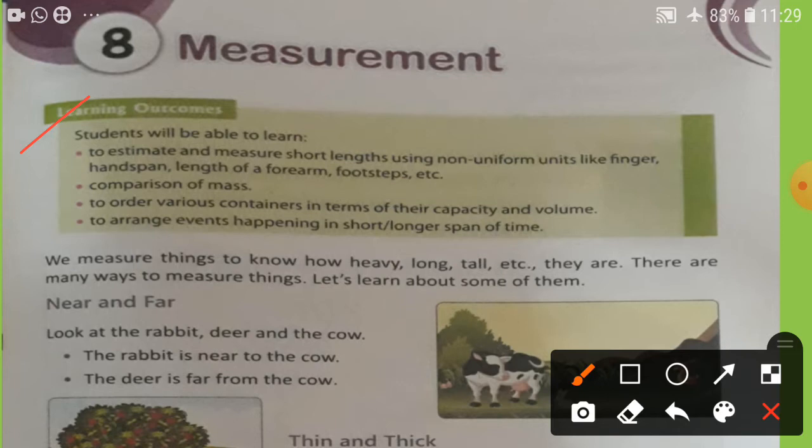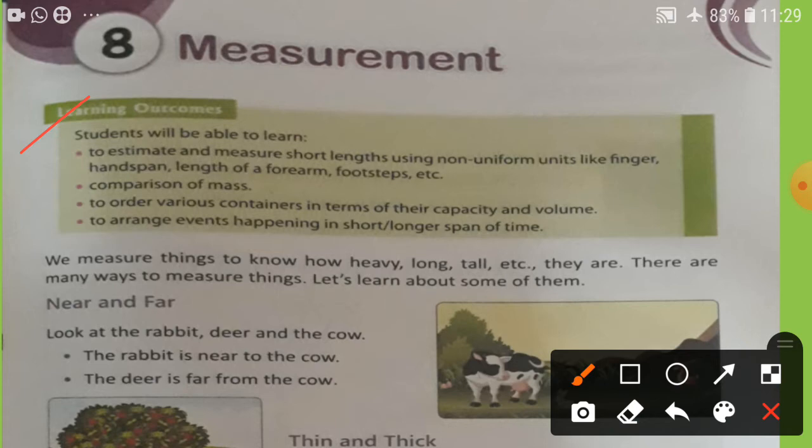To order various containers in terms of their capacity and volume. Next, to arrange events happening in short and longer spans of time.